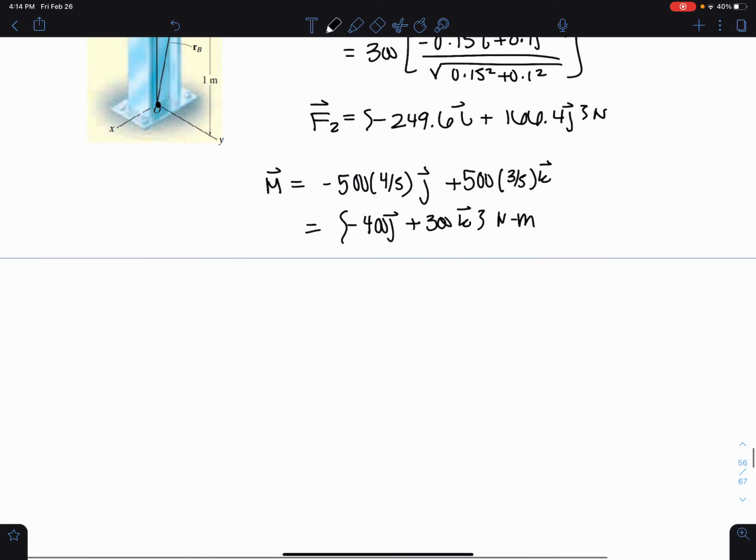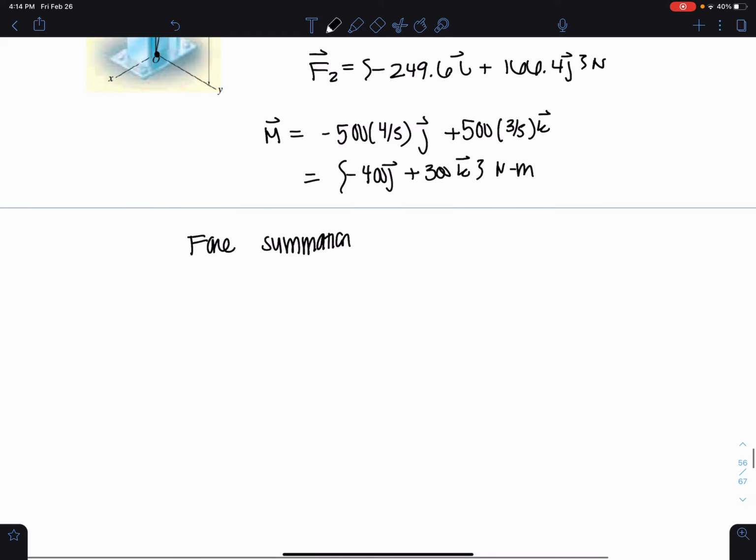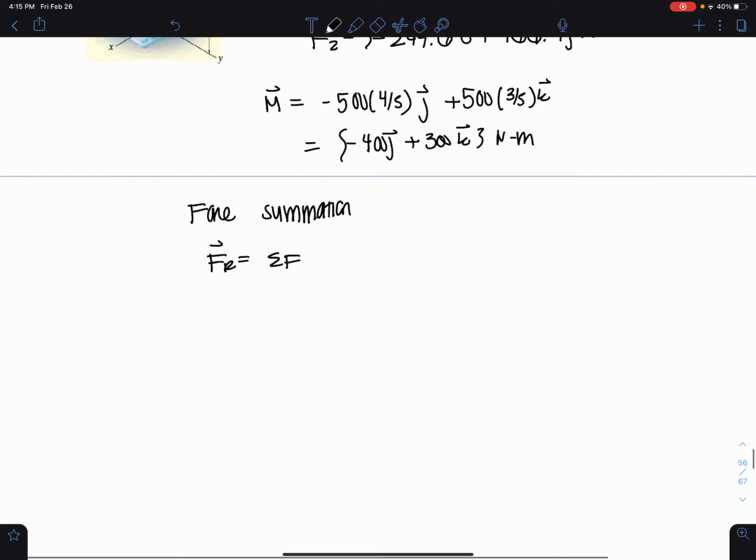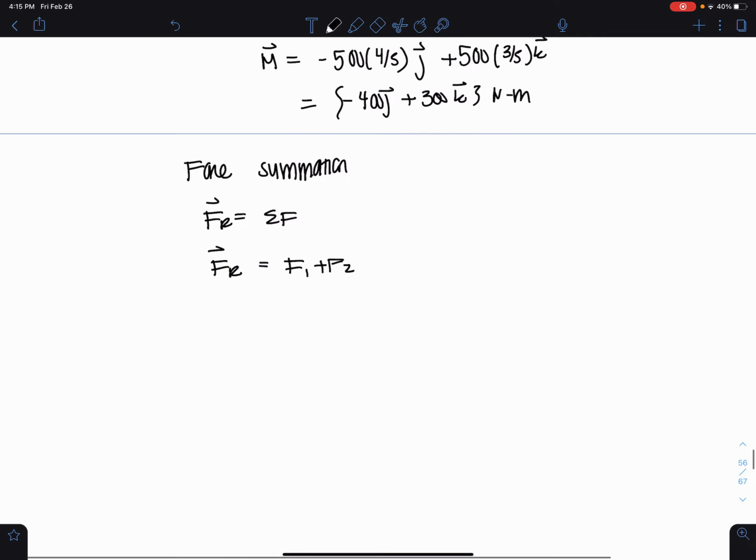Okay, now for the force summation, I have the resultant force is equal to the sum of forces, which is just basically F1 plus F2. If I add those together, I have negative 800 in the k minus 249.6 in the i plus the 166.4 in the j.